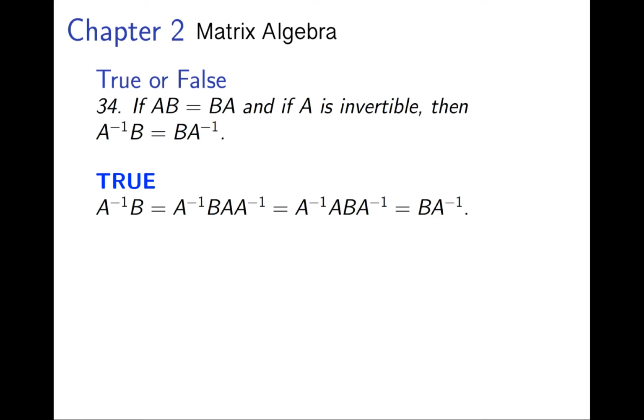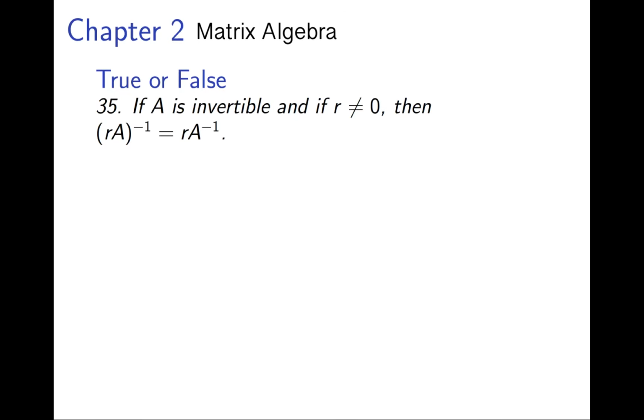Because A times A inverse is the identity matrix. But then in the middle, we have a B times A. We could switch that to an A times B because AB equals BA. And now on the left, we have A inverse times A, which becomes the identity matrix. What we're left with is B A inverse. So A inverse B equals B A inverse.